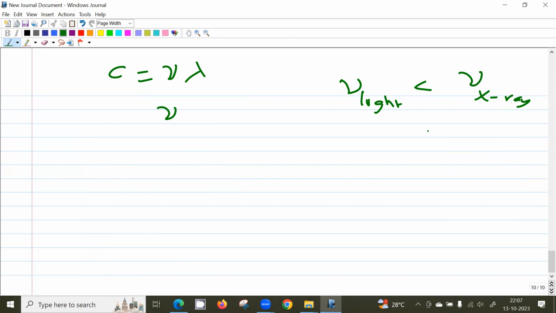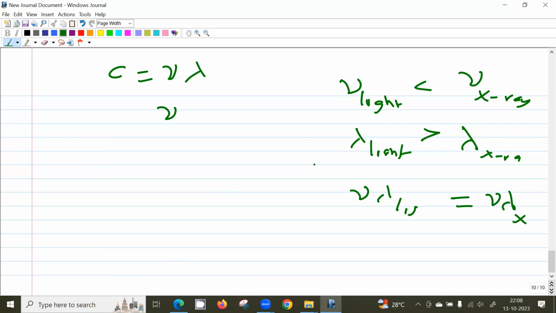But the wavelength of the light is more compared to the wavelength of X-ray. The product of frequency and wavelength of light and of X-ray are the same. So if the frequency is going up or going down, the wavelength will change such that the product of frequency and wavelength is the same for any electromagnetic wave.